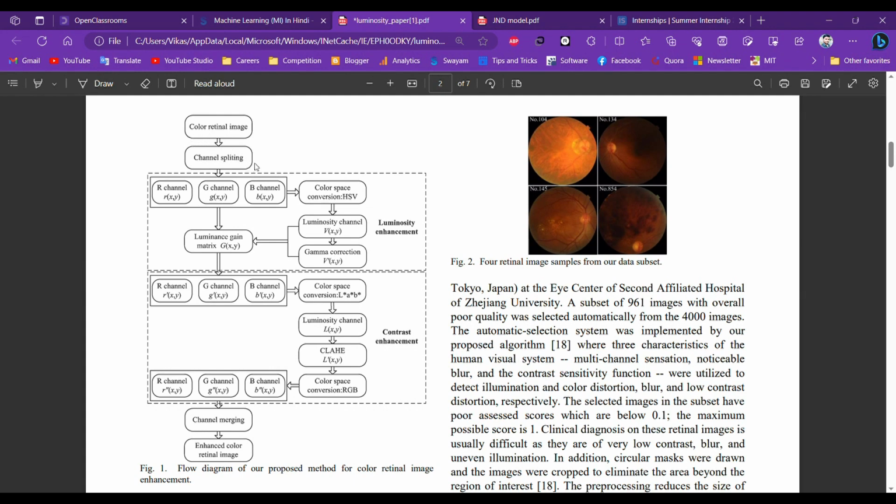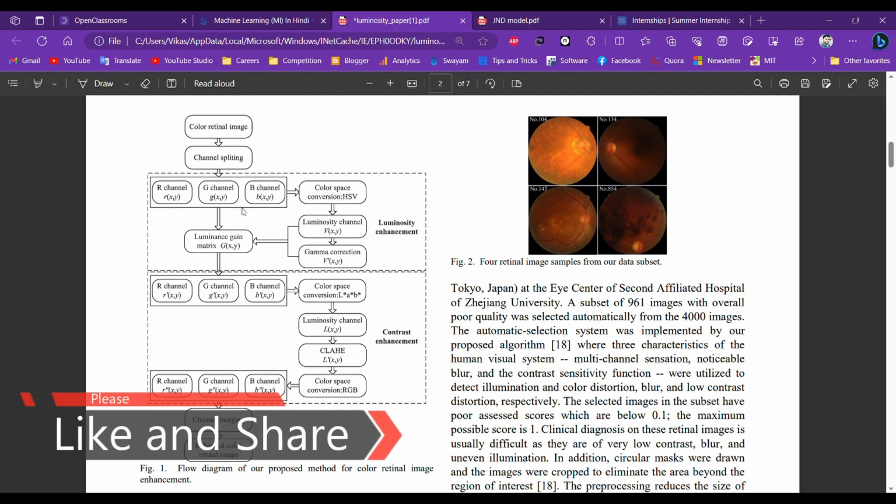In this research paper, they use this diagram to propose their model. First, it takes an input color retinal image, splits it into R, G and B channels and applies a luminosity gain matrix.